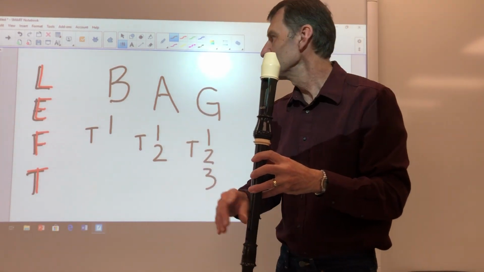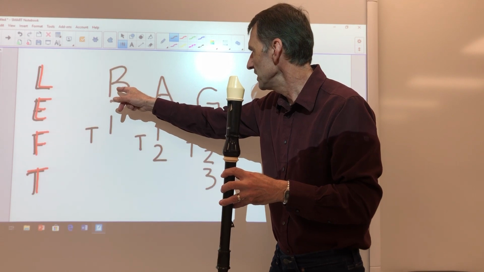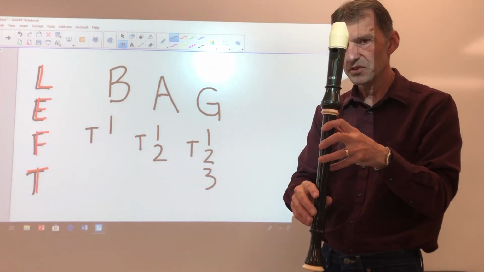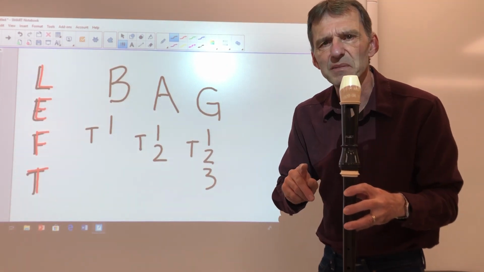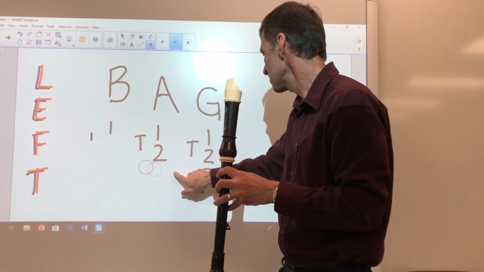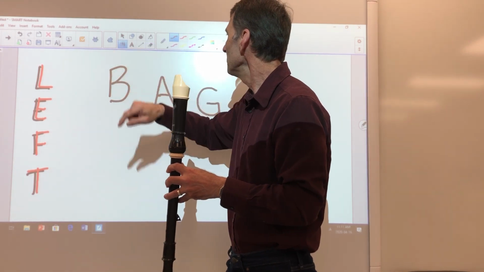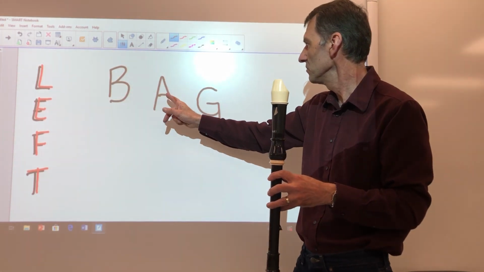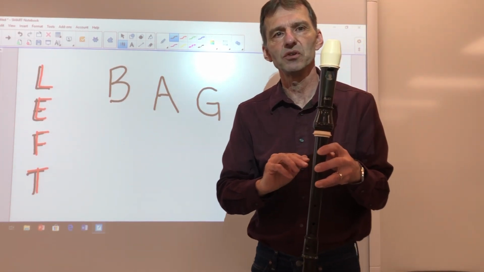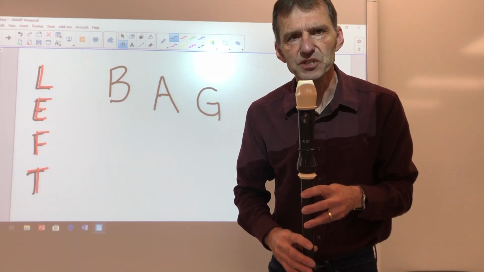So if I was to play these notes, there's my B with one finger, A with two, G with three fingers. I'm going to try and make this a little harder. I'm going to erase the fingerings. There we go. But if we remember that this is one finger, this is two, and that's three fingers, thumb staying on the whole time, we should be good to go. Let's try a tune together.